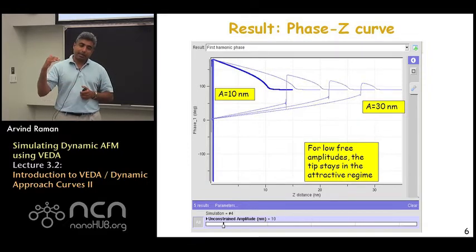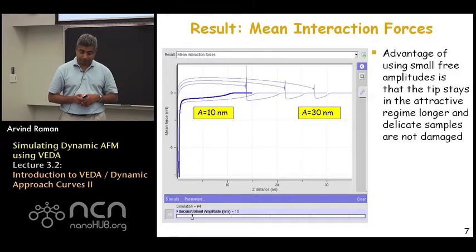As you reduce the amplitude far from the sample, we find that in the case of 10 nanometers, the phase remains always above 90 degrees, which suggests that as the amplitude is decreasing, we're staying for a longer part of the Z range in the attractive regime, and when the amplitude becomes 10 nanometers, the probe would continuously remain in the attractive regime of oscillation as the sample is approached.